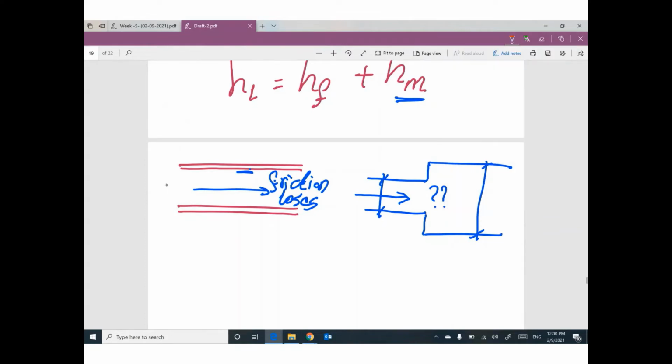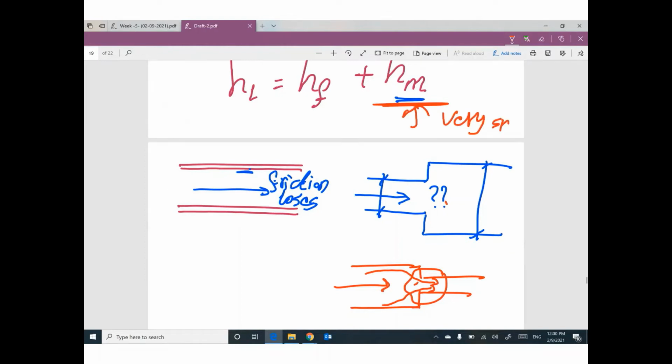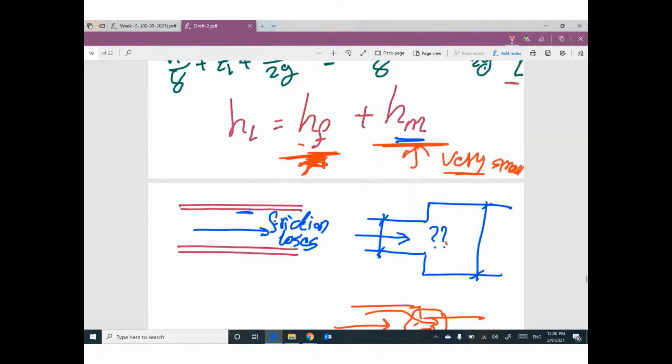Or vice versa, if you have a larger diameter and then a smaller diameter, so this flow entering this smaller one, we can expect losses here. All of these types of losses can be considered as minor losses. It's very, very small. If you consider it, you will find it's very small. The most critical losses are the friction losses.